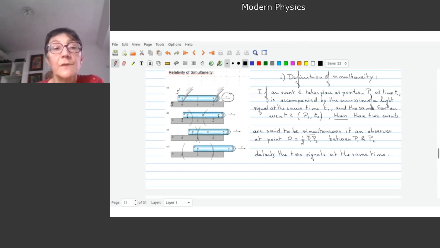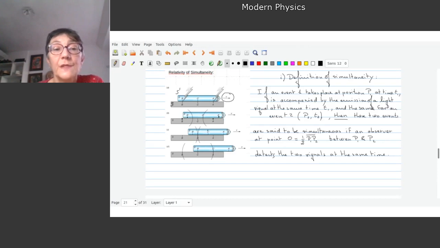And this is the wavefront of the second signal, and it is traveling at the same velocity c. So this observer will receive the two signals at the same time, because they were emitted in his reference frame at the same time, and he will receive the light signals at the same time. So he will say, okay, these two events here and here were simultaneous.